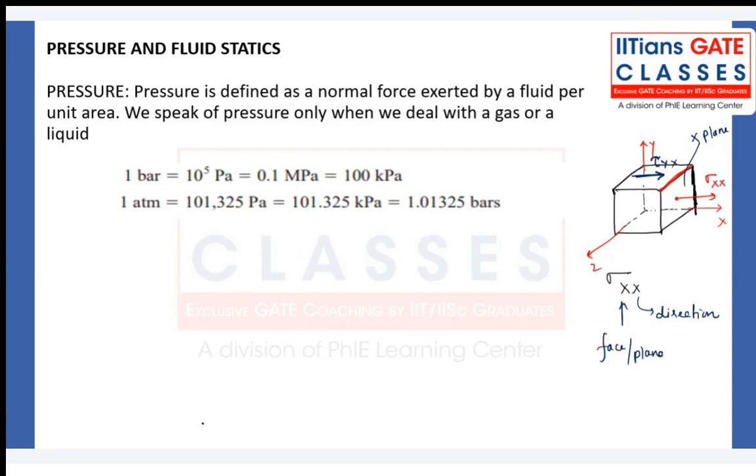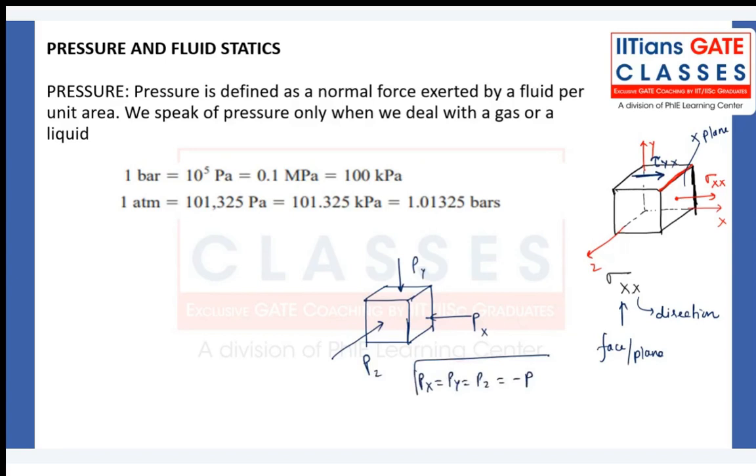But whenever you observe any fluid element, the same cubical element, whatever the pressure is acting, the pressure will be denoted like this. We don't say at all that it is px, py, pz, because px equals py equals pz, that is equal to minus p.